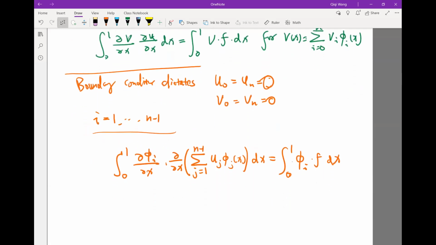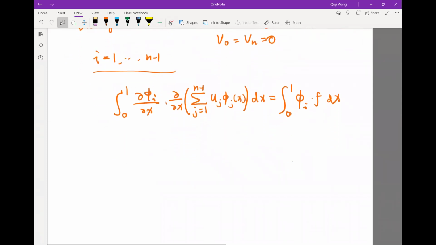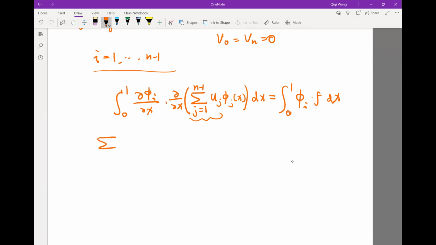Now it's very clear that we have 4 equations and 4 unknowns. Not 4, 2. When n is equal to 3, we have 2 equations, 2 unknowns. In general, we have n minus 1 equations, n minus 1 unknowns. All right. So let's expand this further. Because this linear combination can also be taken out of the derivative and then taken out of the integral, this becomes the summation from j goes from 1 to n minus 1.